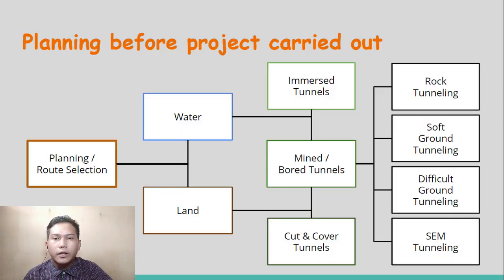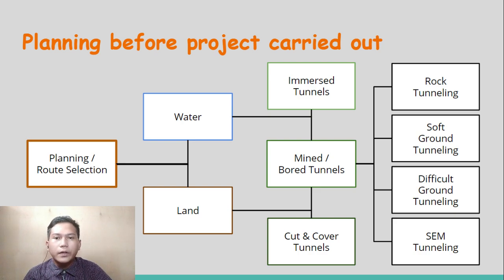The flow chart shows the planning before the project was carried out. For your information, this is only general planning to get an idea on what method of construction that would be used later on. Firstly, the route selection should be identified.